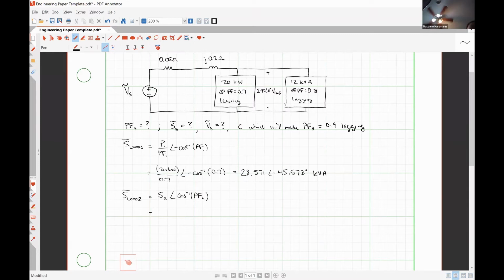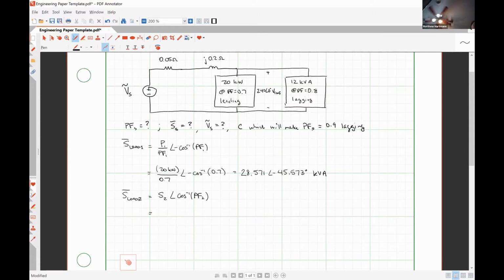Because we were given the apparent power directly, we don't need to divide anything by the power factor. Also, we have a positive sign on our angle because our power factor is lagging, not leading.